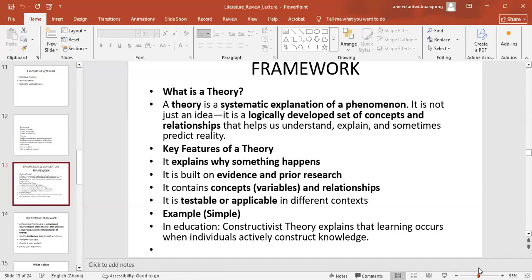So what is deductive research? And what is inductive research? Inductive, you work towards theory. Deductive, you work from theory.